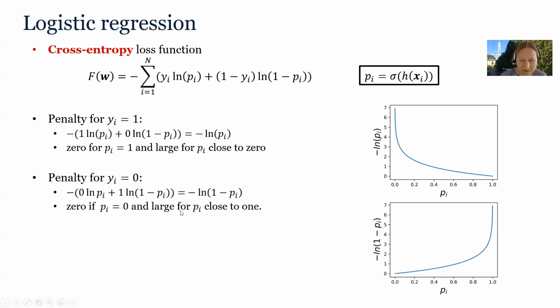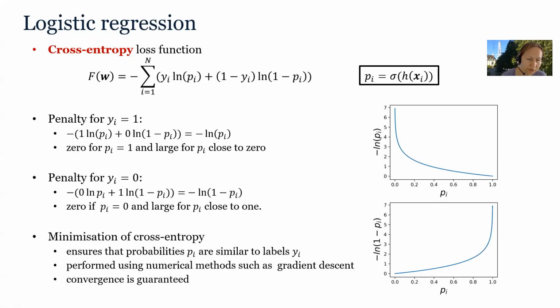And this creates the opposite situation. When the probability is 0, we get 0 penalty, and when the probability is close to 1, we get a large penalty. So we can see that cross-entropy loss, when minimized, ensures that the probabilities p_i, which are the probabilities for class 1, are similar to labels y_i.